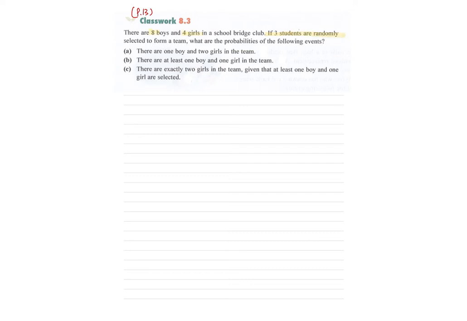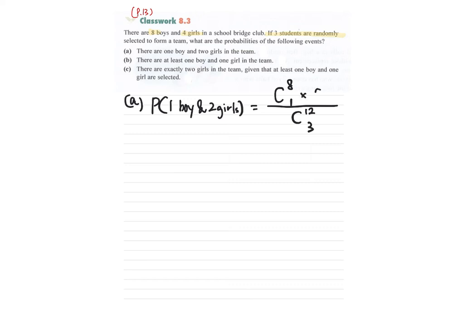First of all, 12 of them, we try to find 3 randomly, so 12C3. And then the combination will be 8 boys, we choose 1, multiplied by 4 girls, we choose 2. By using the calculator, the value here is 12 over 55.